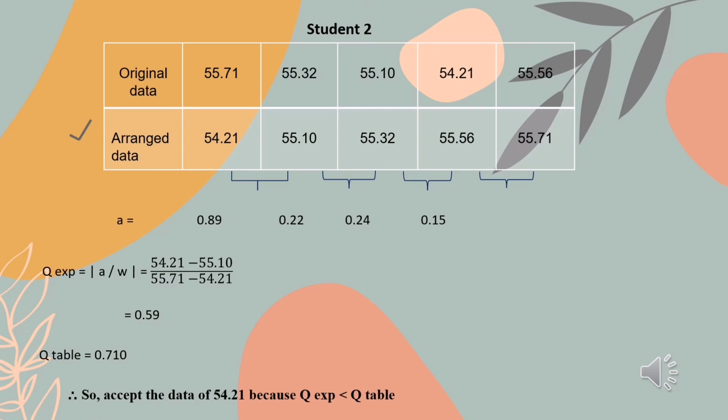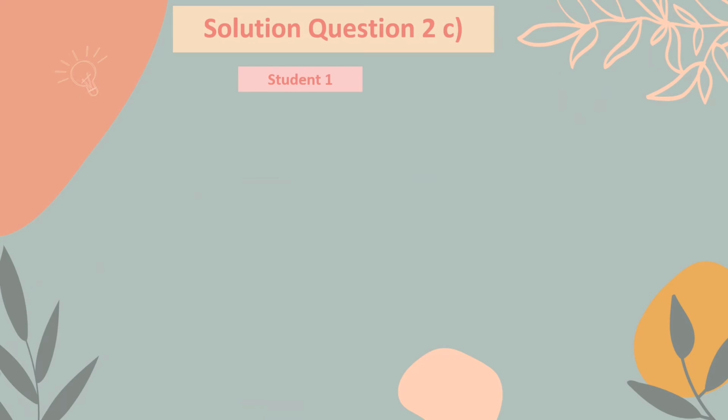Using the table provided, we can calculate the Q experiment, which is A divided by W, so we get 54.21 minus 55.10 divided by 55.71 minus 54.21, which gives 0.54. This is also accepted, because the Q table is larger than the Q experiment.